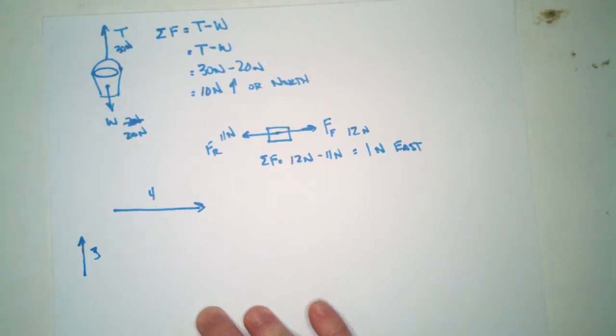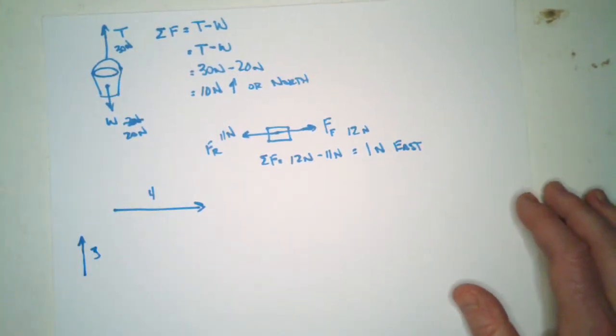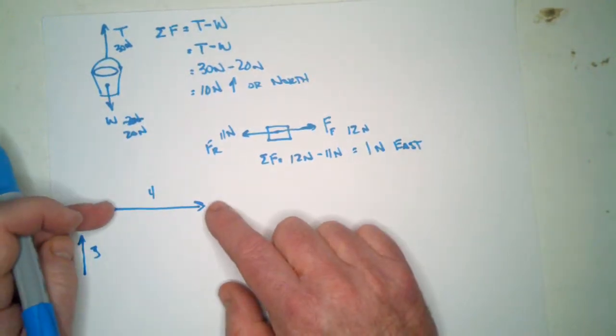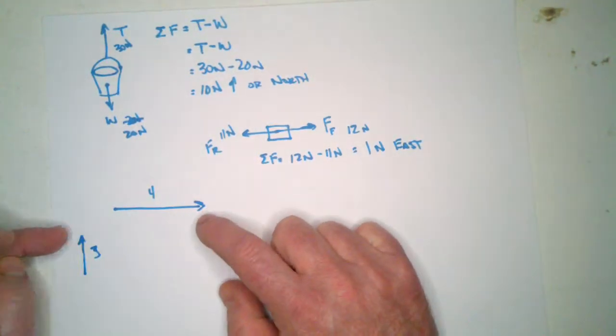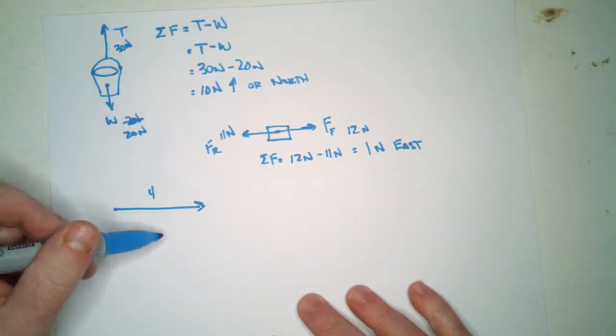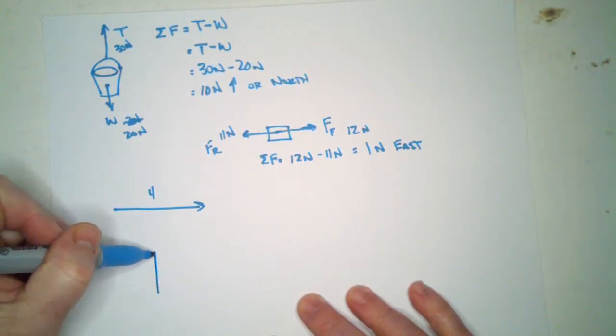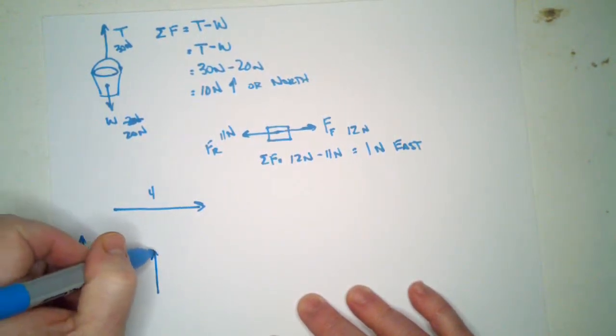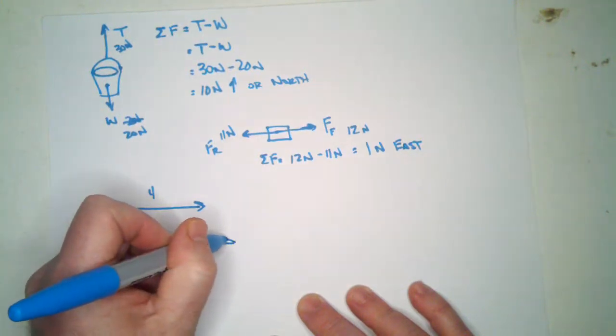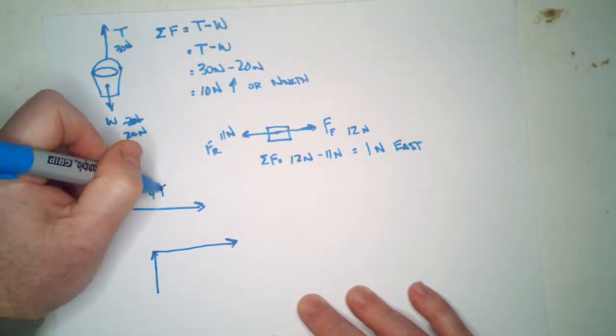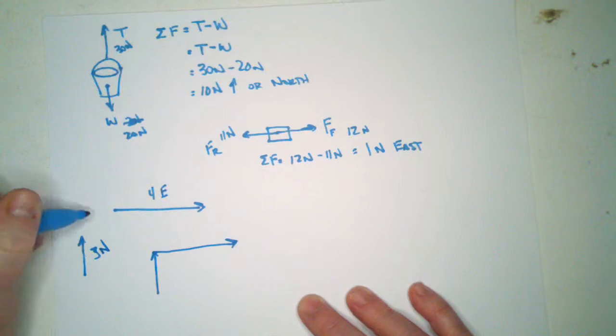What we do is we follow the rules just like we did before. We take the tail of the second vector and put it on the head of the first, so that we get something that looks like this. It's going to be 4 east and it's going to be 3 north.